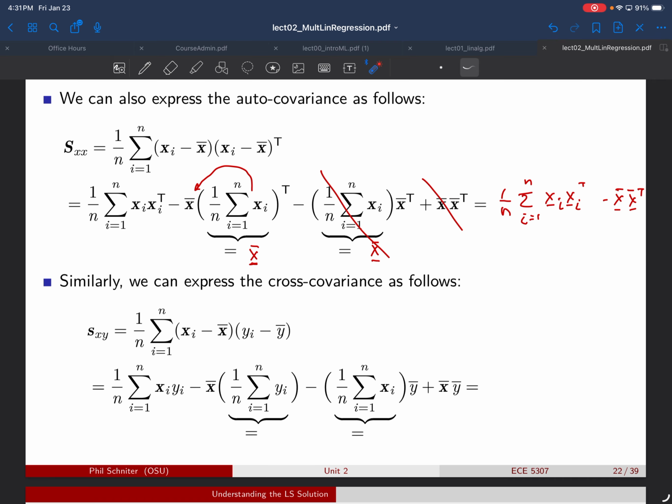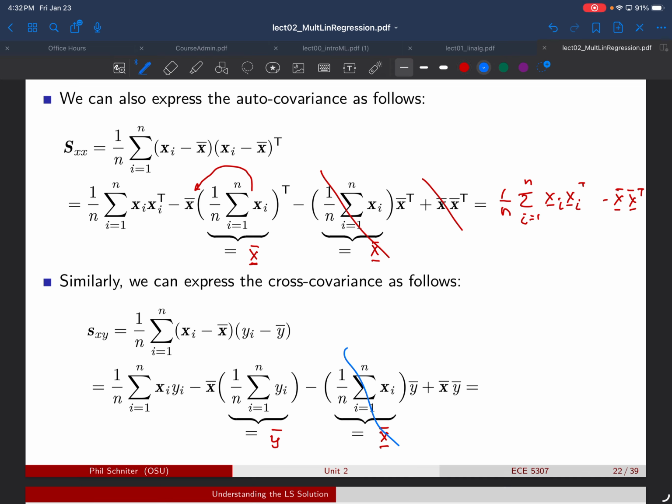Okay, now we can do exactly the same thing to the cross covariance. We just do xi times yi, first term, x bar times yi, second term, and so on. It's basically the same. So over here we have y bar, which we recognize as the scalar average of the yi's. And over here we have vector x bar. And then finally, we notice that this term cancels this term.